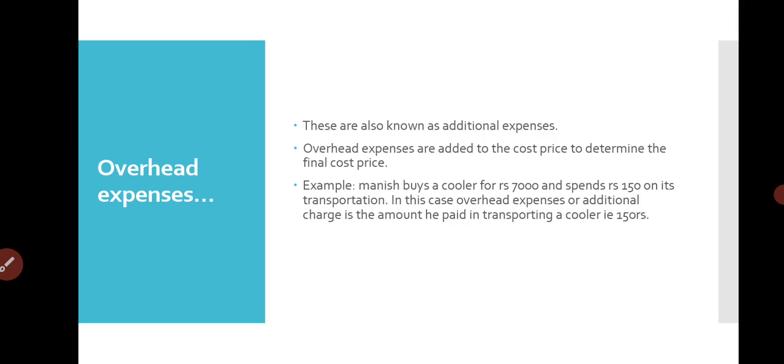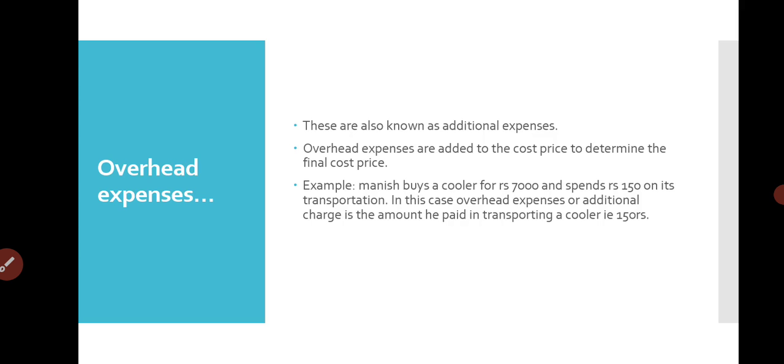Like if we have bought a television, we need to book an auto or a rickshaw or any vehicle for its transportation. So the amount we pay for transporting it, then for fixing it on a wall, we need someone, and he will also charge something for fixing it.